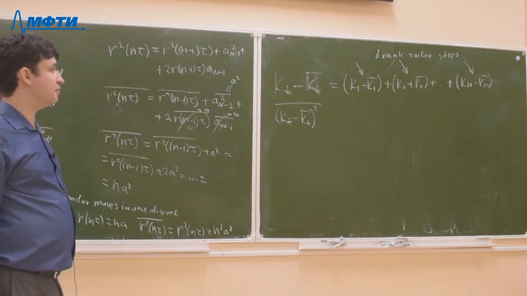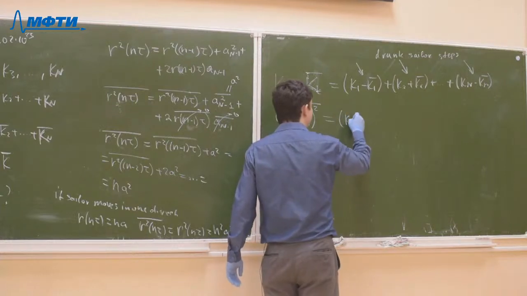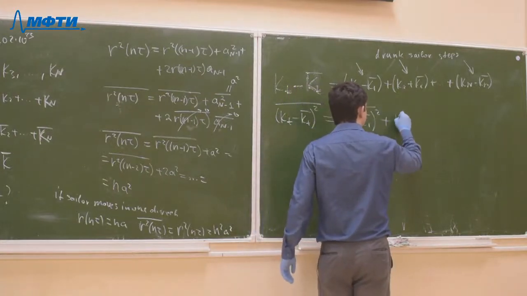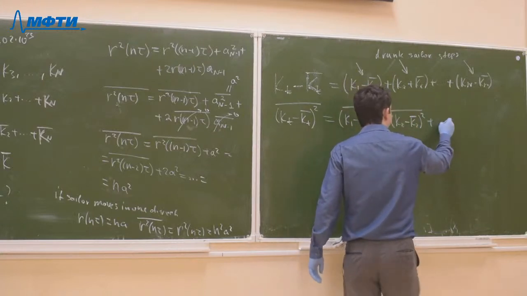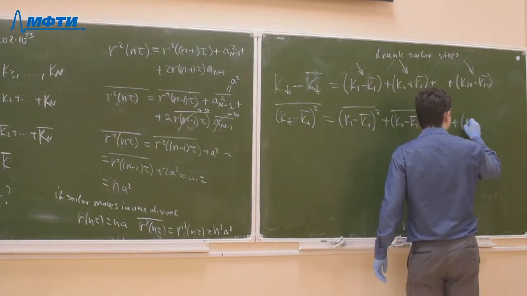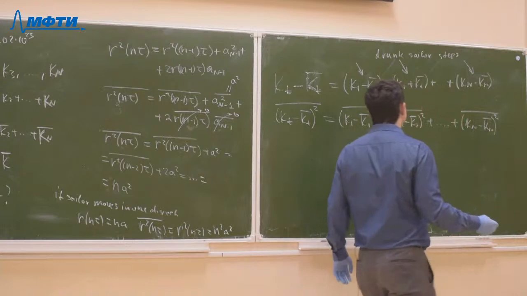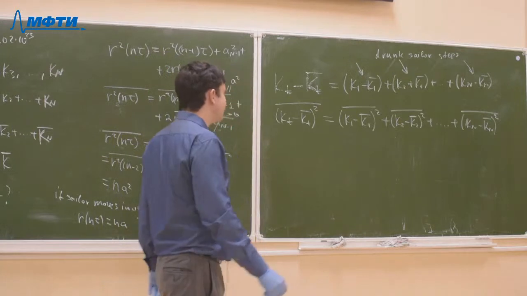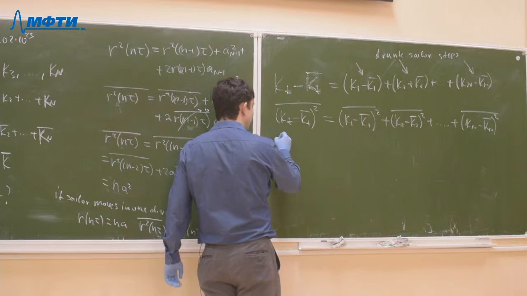Then, using mathematical induction, I can show that this value is actually equal to K1 minus K1 average squared plus so on and so forth, plus Kn minus Kn average squared. Or I can actually do this in this manner.